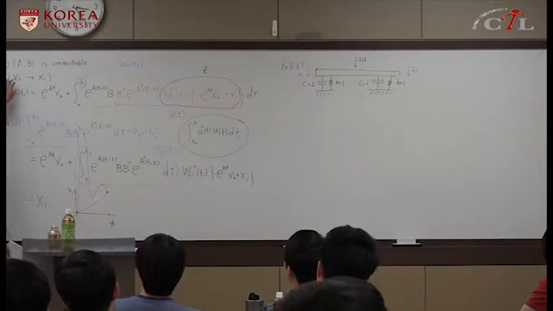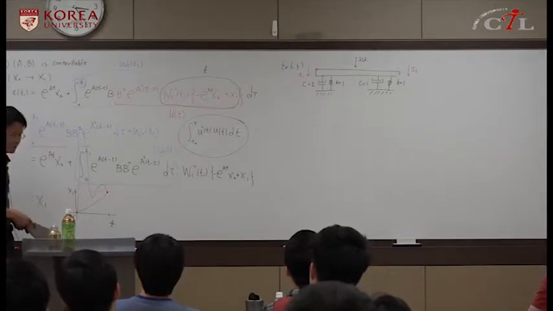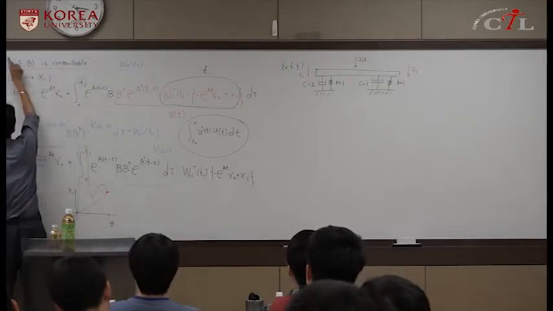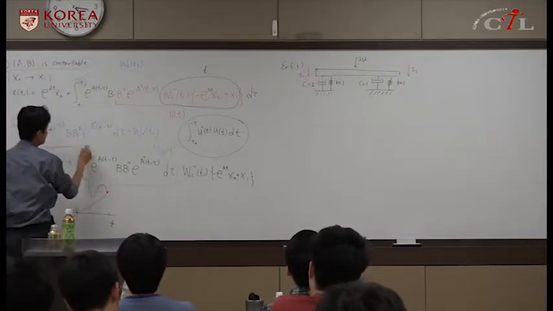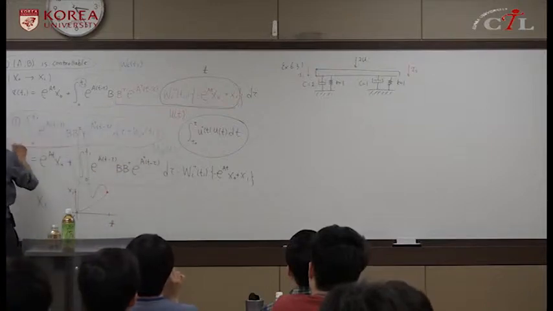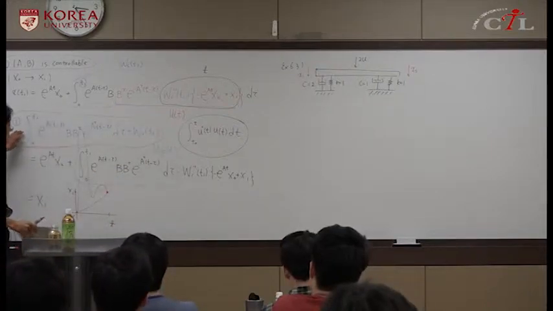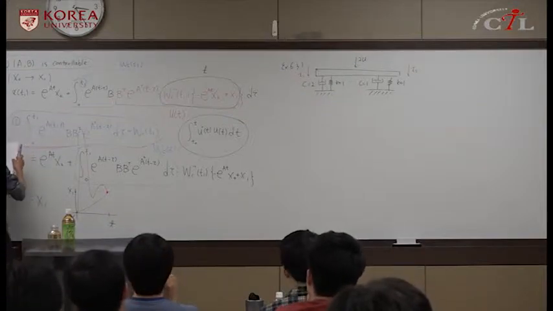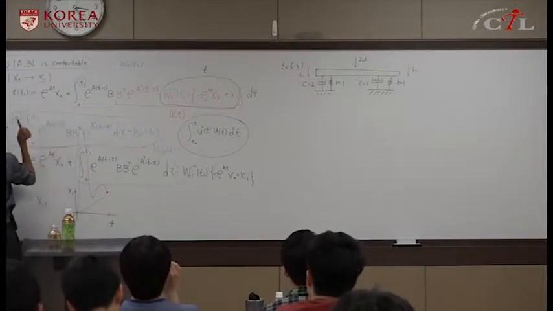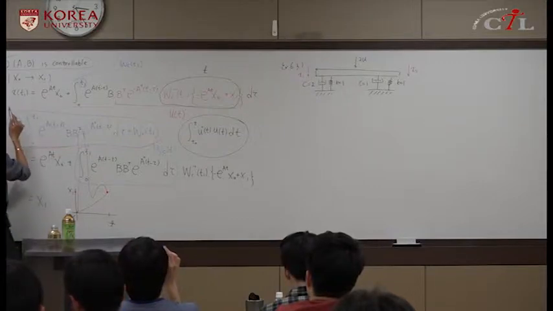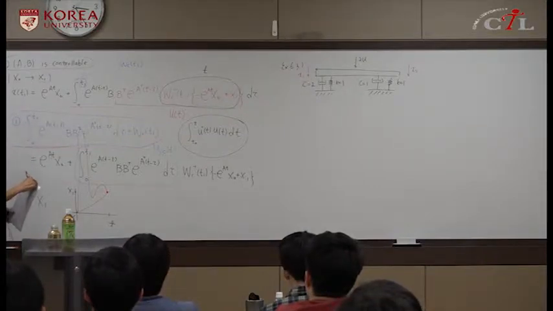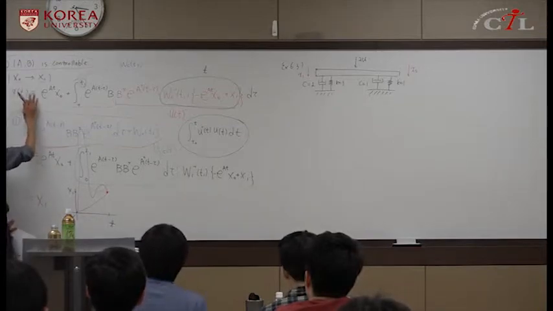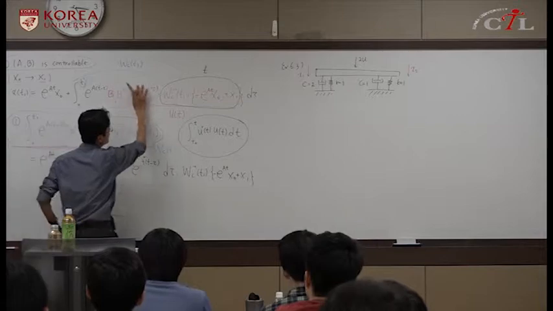Okay, so if the system is controllable, again, I do that one more time. If it is controllable, then we know that this controllability gramian is non-singular. Then we want to send x0 to x1. And this x(t1) is given in chapter 2, with the red part as u.